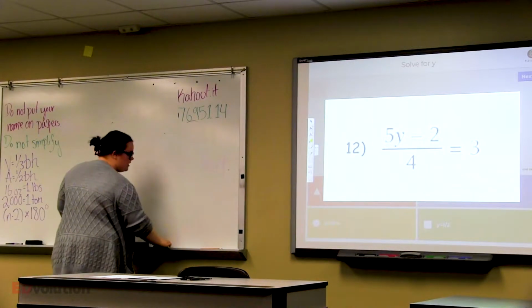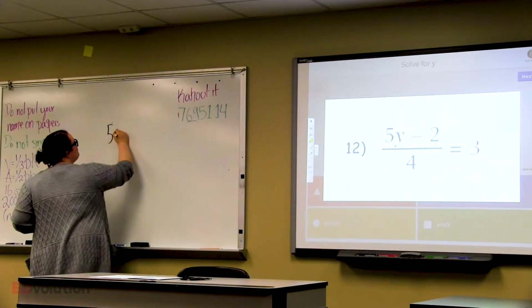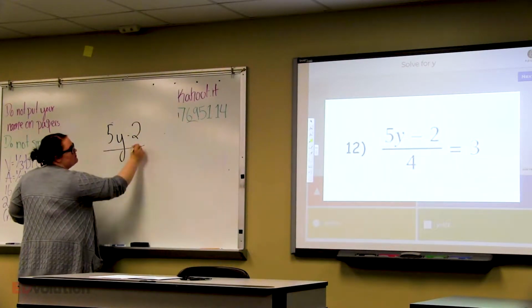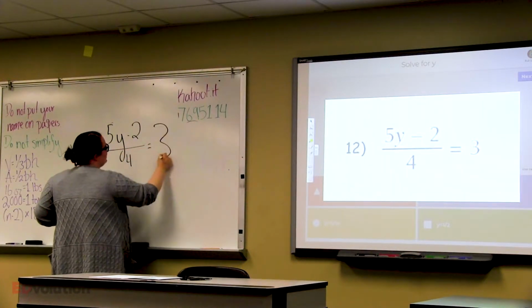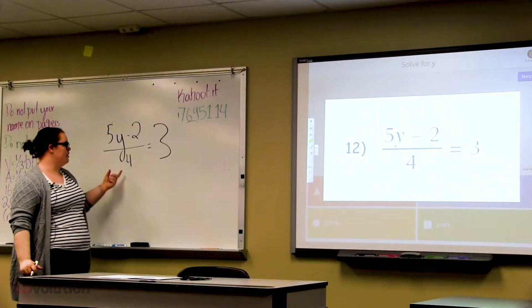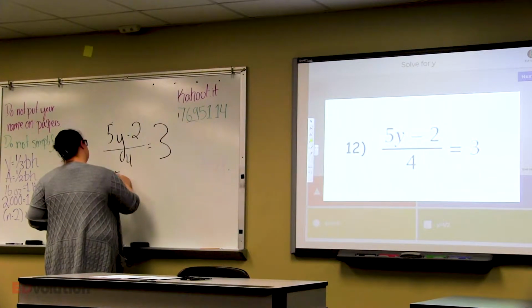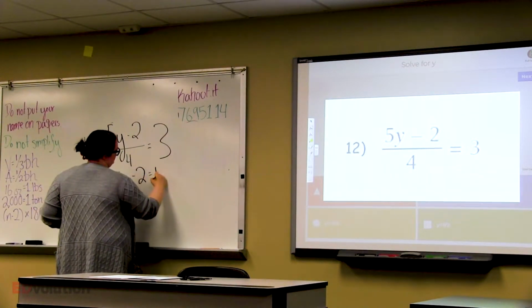Alright, so whenever we're solving for a variable within an equation, we want to undo what's already been done until we can isolate the variable that we're looking for. So, in this case, we would start by undoing this division by multiplying each side by 4, which would give us 5y minus 2 equals 12.